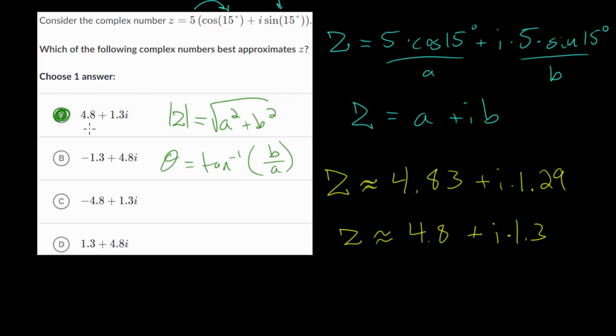And since this is in quadrant 1, we don't have to shift this angle at all. So if we plug in for a and b to these formulas, we will get back a modulus, this absolute value of z, that is roughly equal to 5, since we are approximating here. And when we plug in b and a for this angle, we will get back roughly 15 degrees.